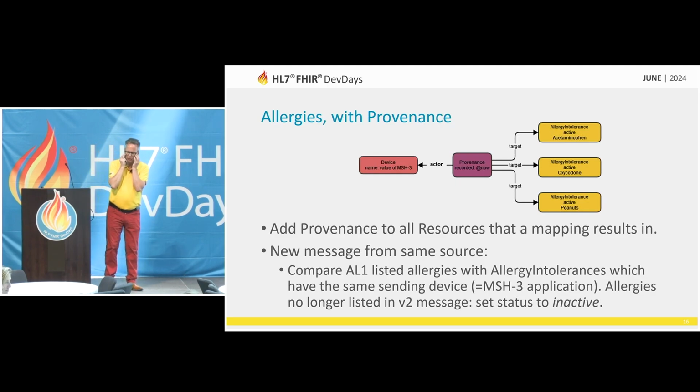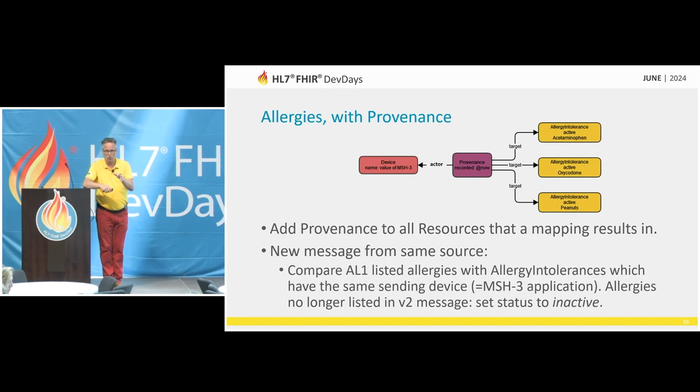But this means what I really have to do is first go to my CDR and see, well, okay, from the lab system we currently have 3 allergies, and then I look at my message, there are only 2 in there. So this means that I now have to first go to the CDR before I decide what to do exactly and how to translate this set of segments from version 2.